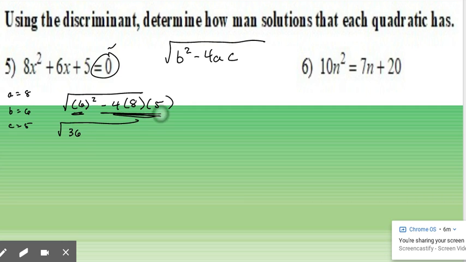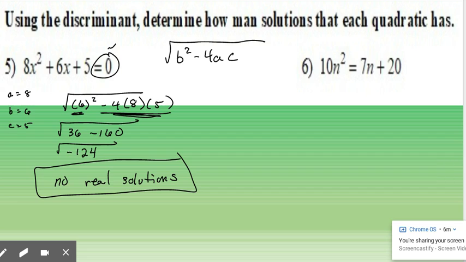And then we have negative 4 times 8 times 5, and that's going to be negative 160. I subtract them, 36 minus 160, I get negative 124. Since this is negative, that means I have no real solutions.